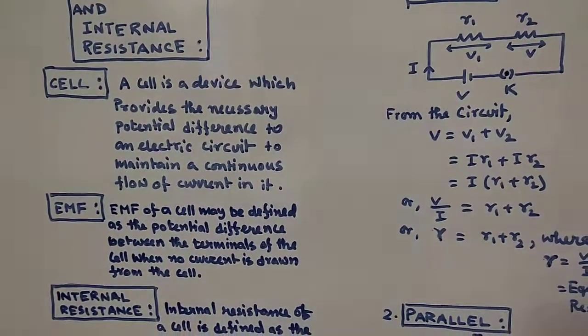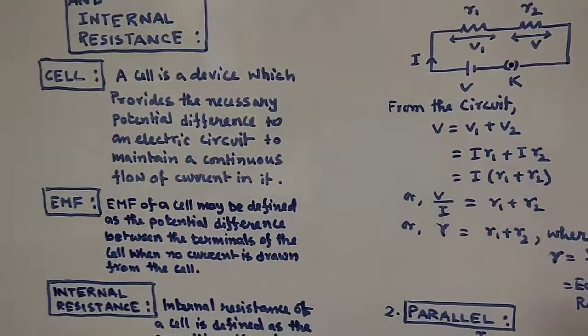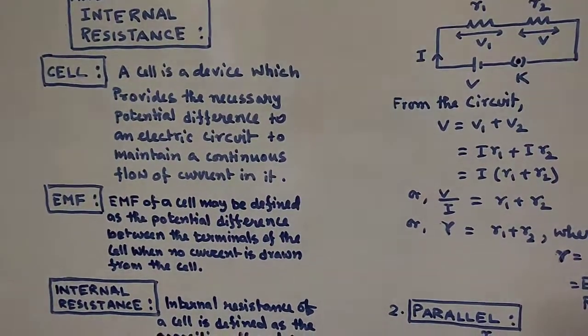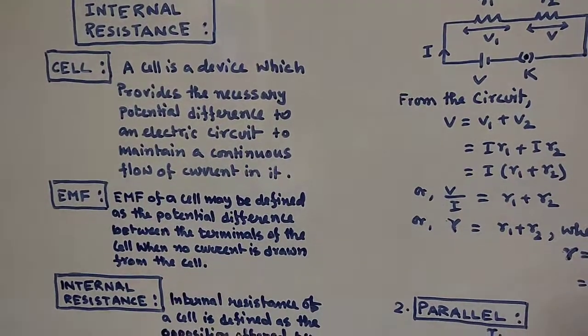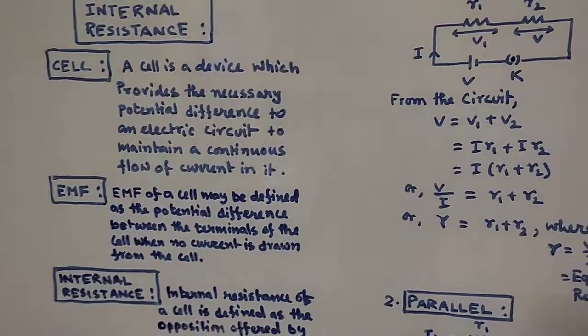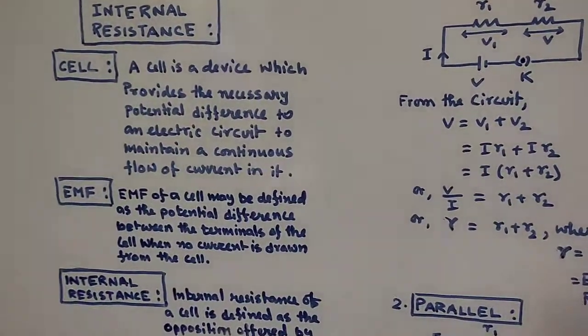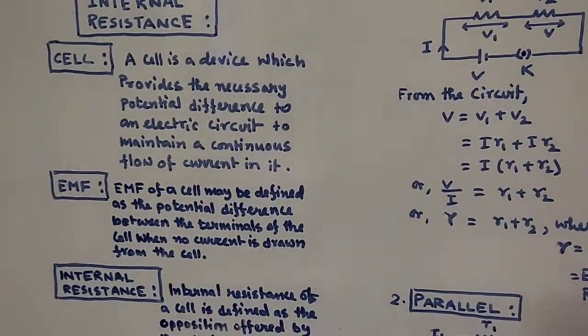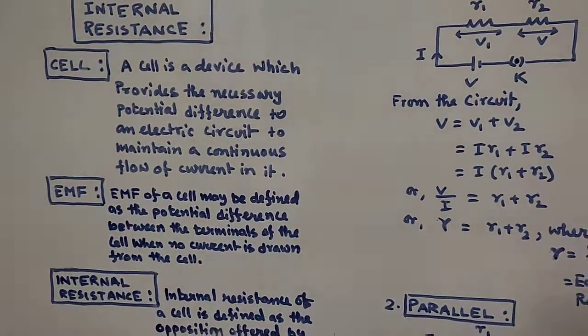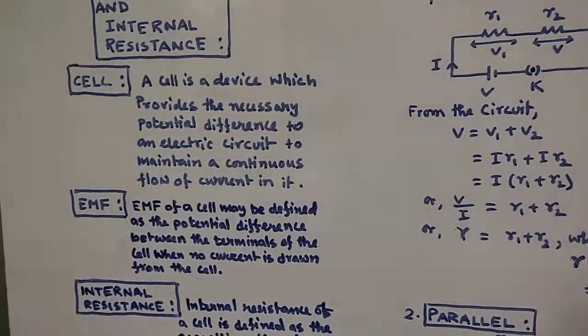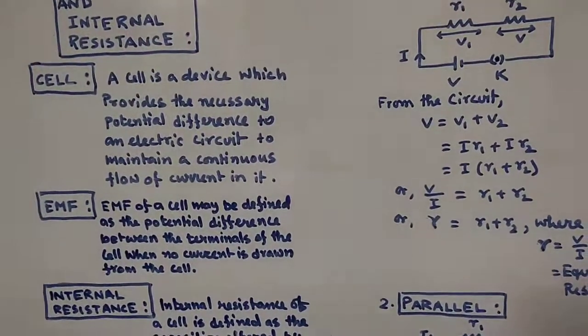Now next is your EMF. The EMF of a cell may be defined as the potential difference between the terminals of the cell when no current is drawn from the cell. So you see, EMF is the maximum value of potential, because no energy is drawn from the cell. When no energy is drawn from the cell, then the potential difference of the cell is nothing but its EMF.